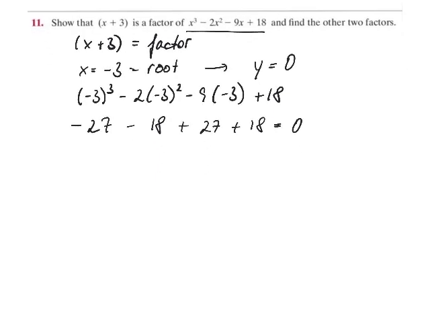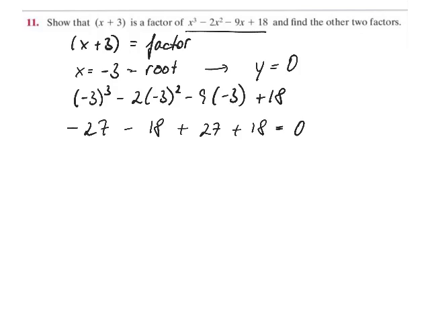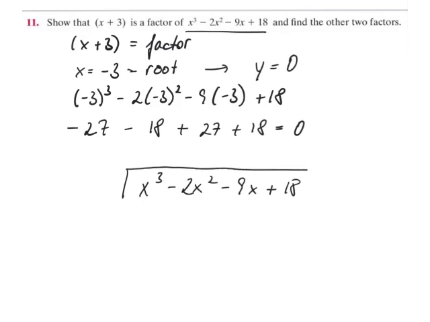So what we'll do for that is we take our equation x cubed minus 2x squared minus 9x plus 18, and we now divide it by the factor that we already know, which is x plus 3.